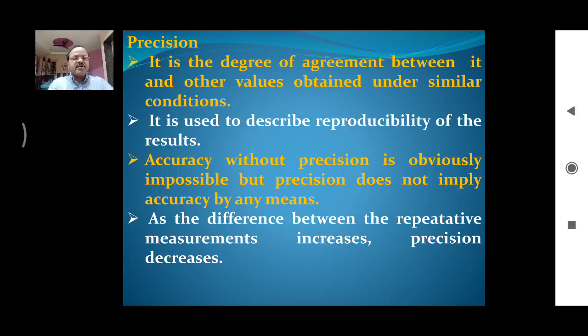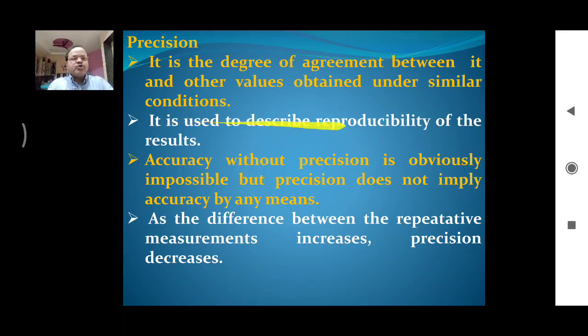We have carried out 3 titration readings: the first reading is 10.1, second is 10.2, and third is again 10.1. There is a precision in the measurement, because the reading 10.1 is obtained 2 times. So precisely we are taking the readings. This is called precision.